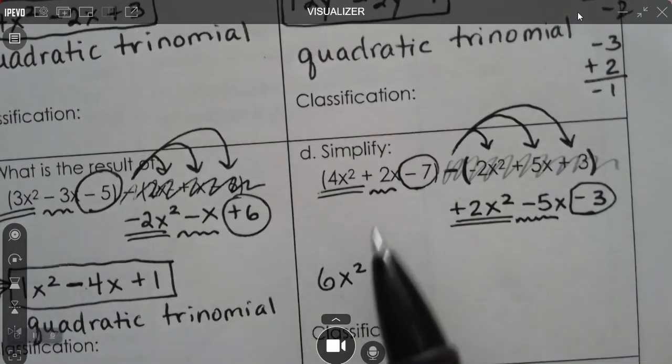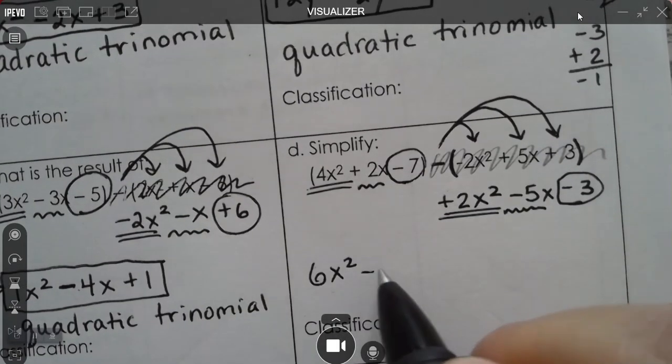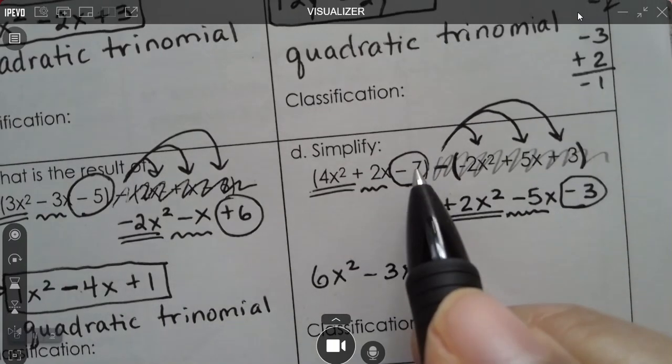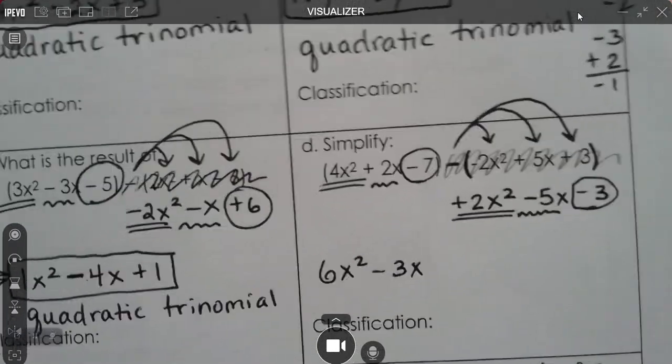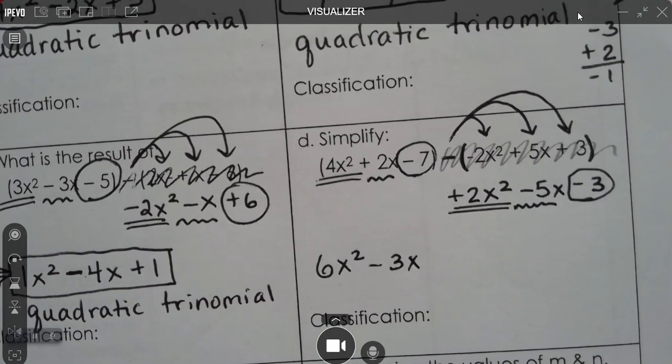All right, combining the 2x and the minus 5x. And then the -7 plus the -3. What do you get? Simplify it on your own. Let's go. Don't stop.